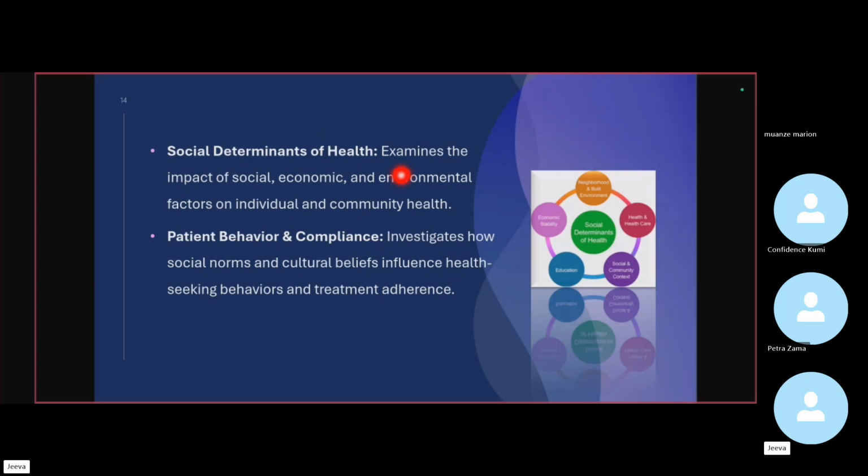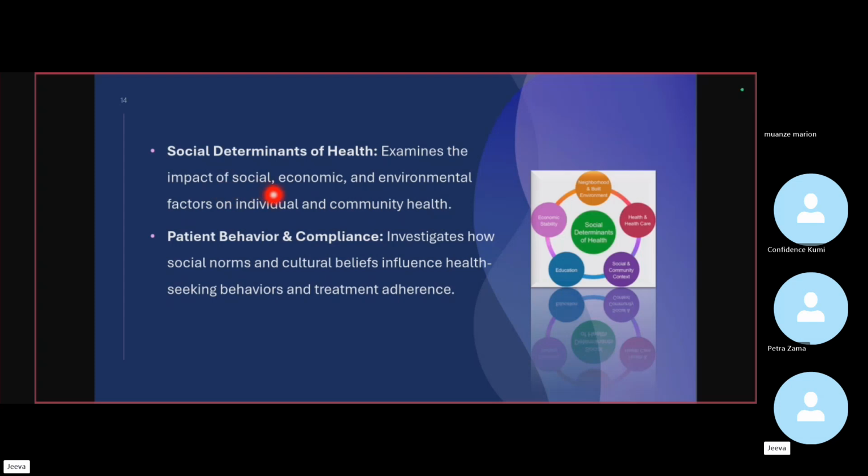Medical sociology will examine the different impacts of various social, economic, and environmental factors on an individual as well as on a community. As I told you, a community has different social statuses: there are rich people, middle class people, poor people, different categories of people.